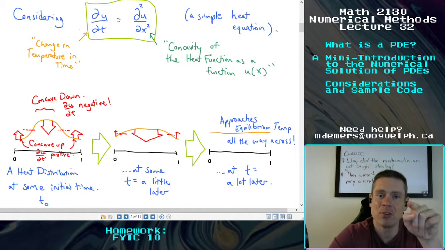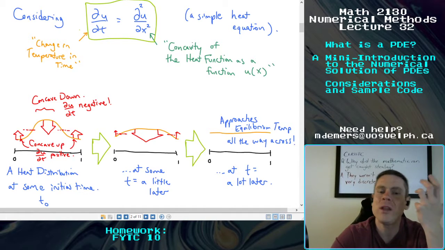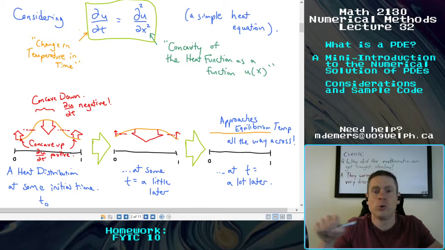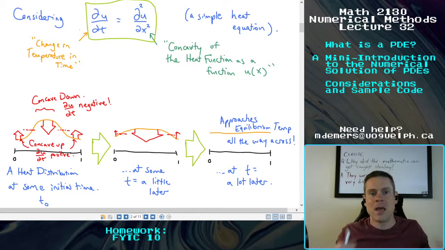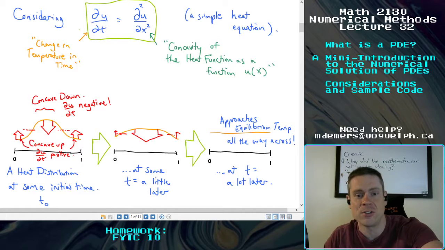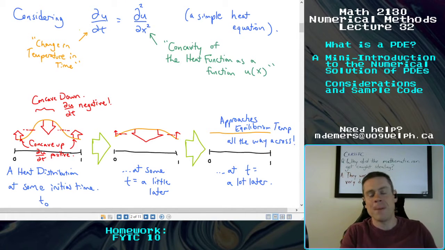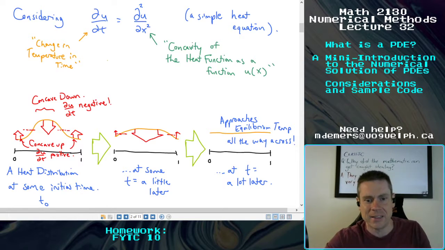And this describes how heat transfer works in a really, I want to say, intuitive way, because we know that that iron rod is going to cool down and reach equilibrium as time goes on. And that's exactly what this equation describes.